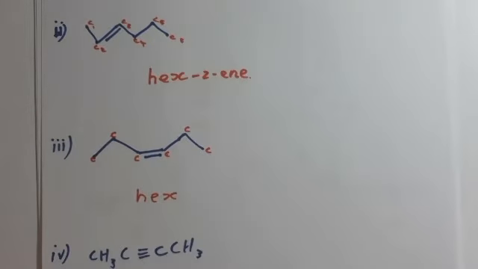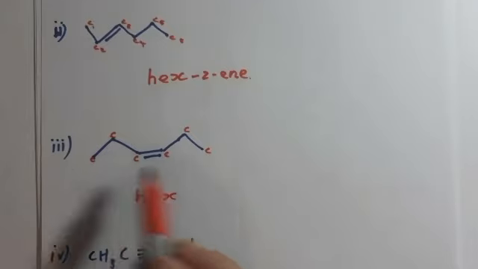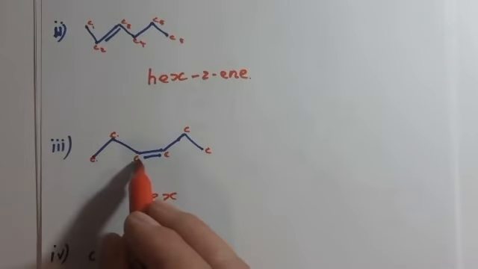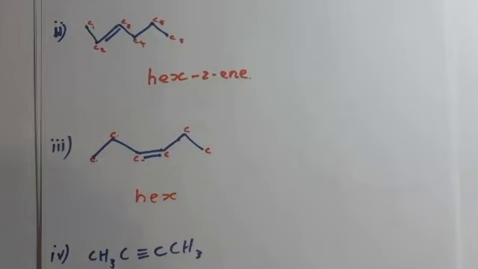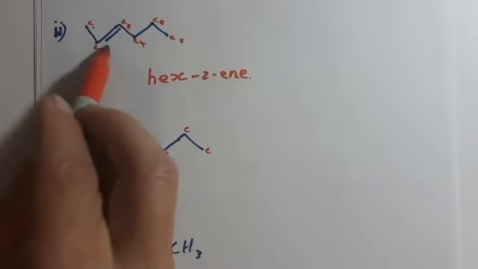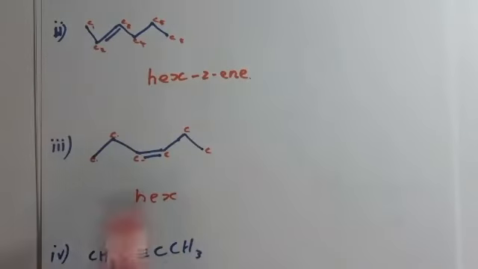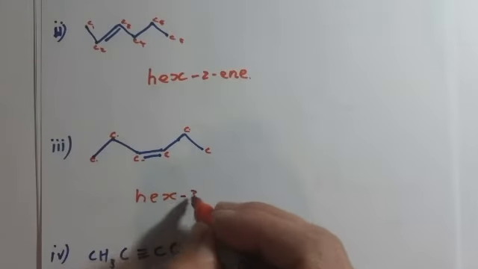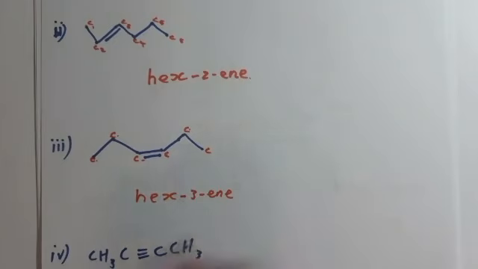I will always start with my parent chain. Then, from which side? Carbon 1, 2, 3. So then the double bond is on carbon number 3. Let's check from the other side. This was easy. 1, 2, 3. Oh, it doesn't matter. Hex-3-ene.